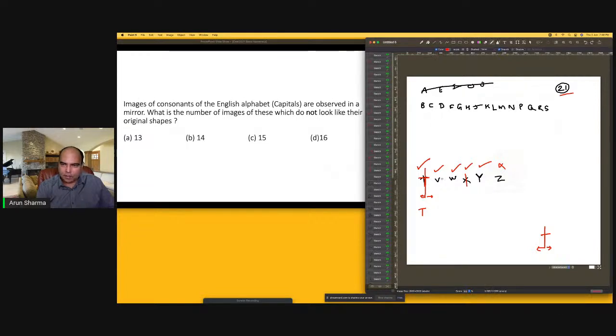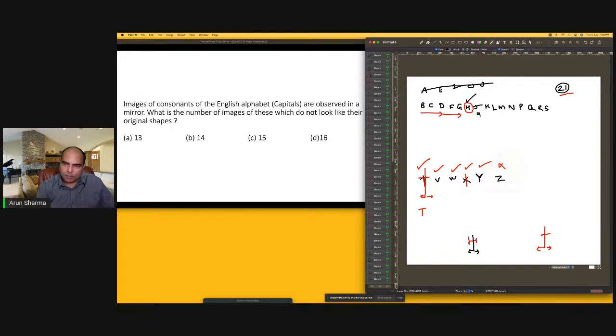So if I come back here and go through my letters, B, C, D, F, G, H. H will have a central axis, because if you try to draw a central axis on H, it will be symmetrical on both sides of that axis. So H is another letter which will be symmetrical.